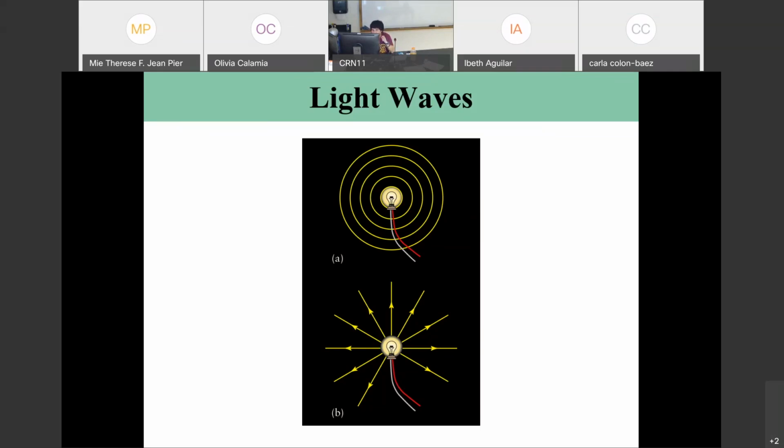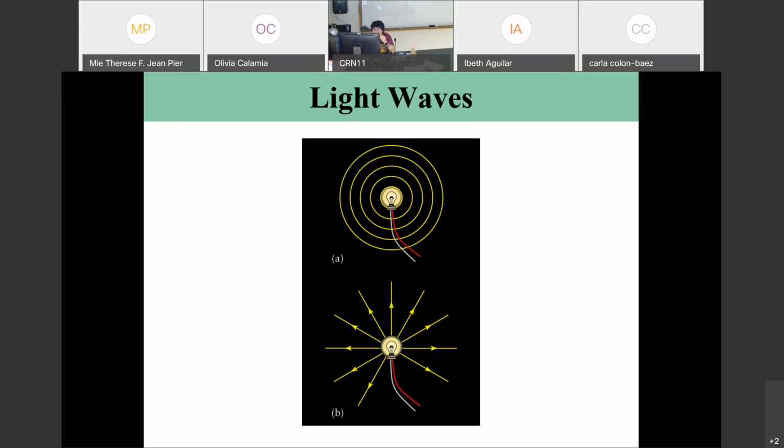You can have a light source and you see waveforms. So to study light, at least at the beginning, we can use the perpendicular lines to each wavefront, which is shown in B there. We call that rays.